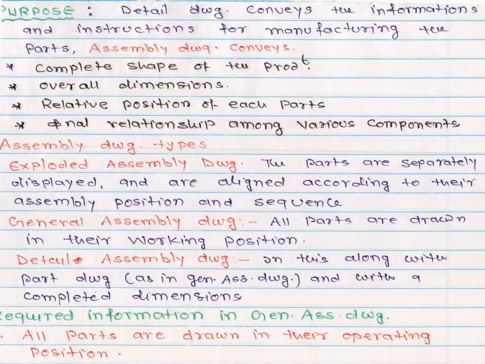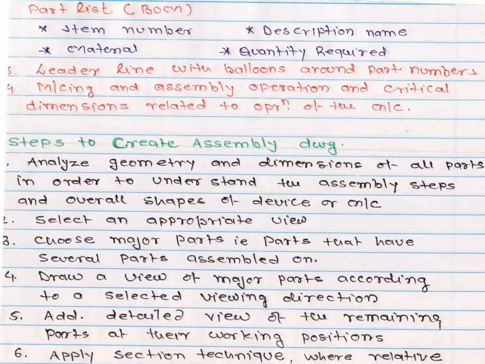Required information in a general assembly drawing: all parts are drawn in their operating positions. In the drawing we make the parts list, in which we write the item numbers, the description of the part, what type of material is used for making this part, whether it is made on the shop floor or procured from vendors, and how much quantity of a particular part is needed. The leader line with balloons goes around the part numbers.